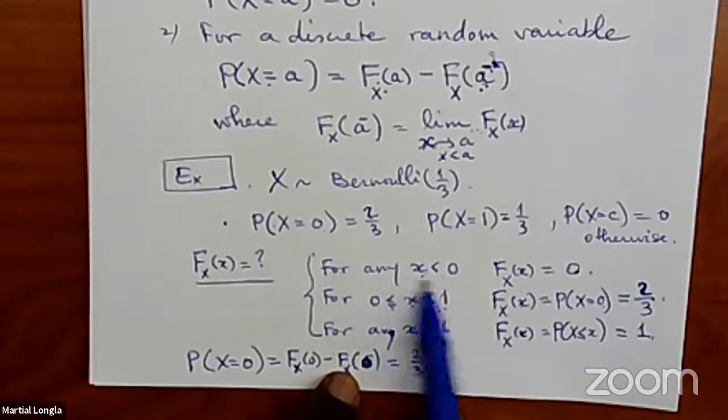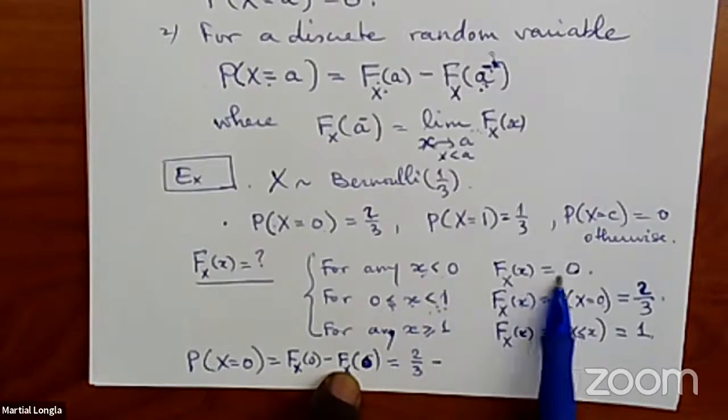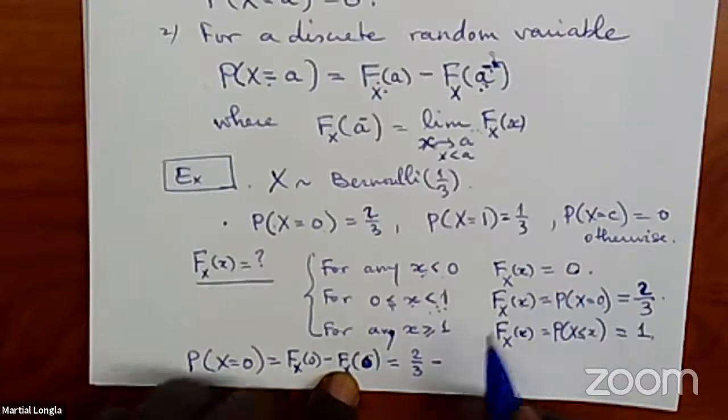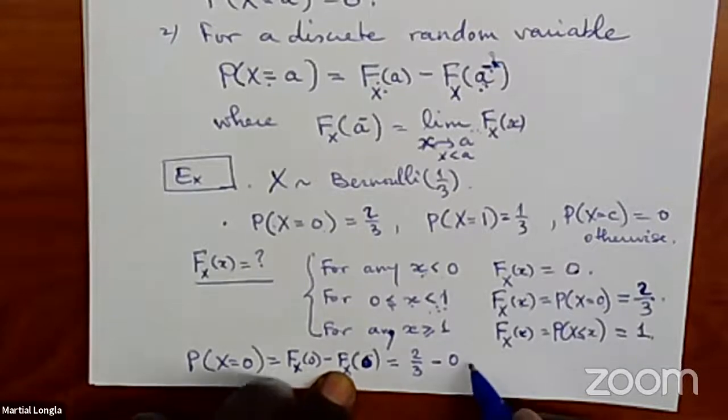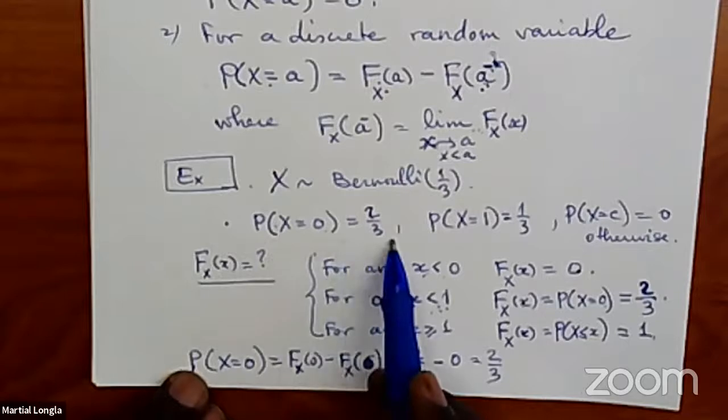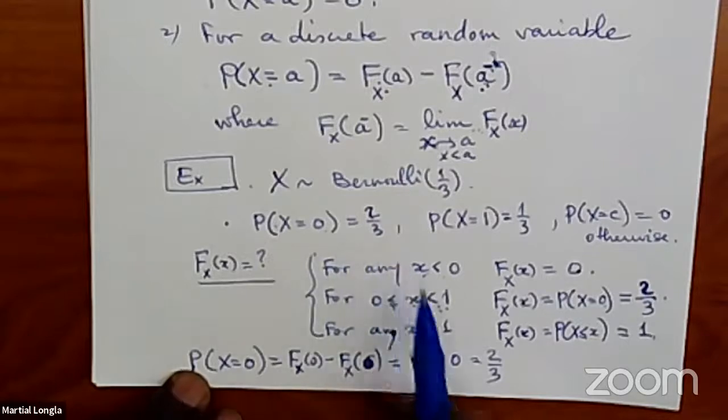When x goes to 0 from below, where is it? Here. The value of F of x is 0, so on the left, that probability is 0. And that's why you recover what you knew from the beginning, that the probability that x is 0 is 2/3.